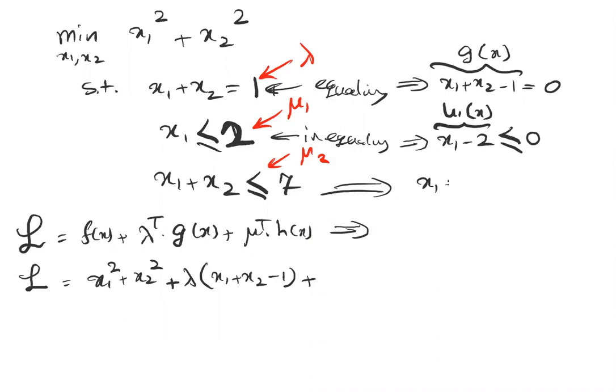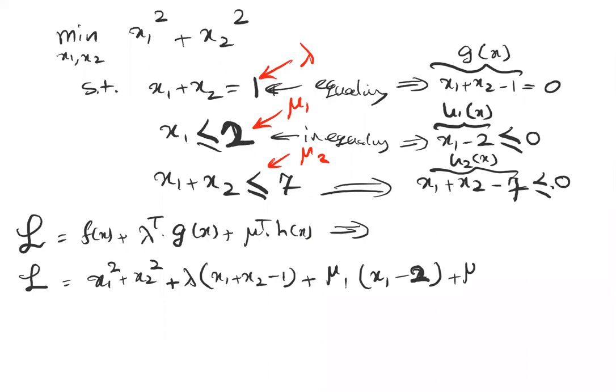This one is x1 plus x2 minus 7 less than or equal to 0. So we call this h sub 2 of x. All right, plus mu1 multiplied by h1, which is x1 minus 2, plus mu2 multiplied by h2, which is x1 plus x2 minus 7. So now that we have the Lagrange function, we can write the KKT conditions.